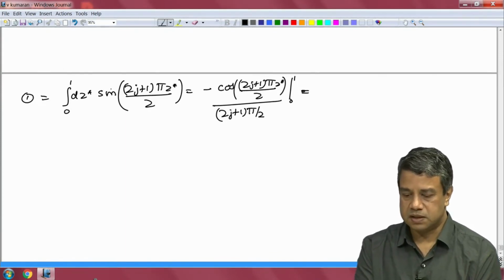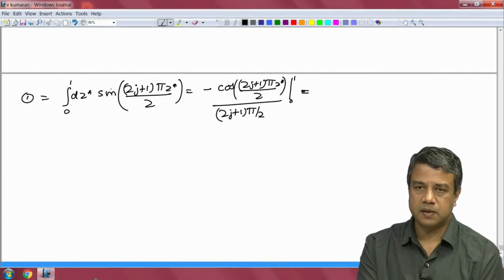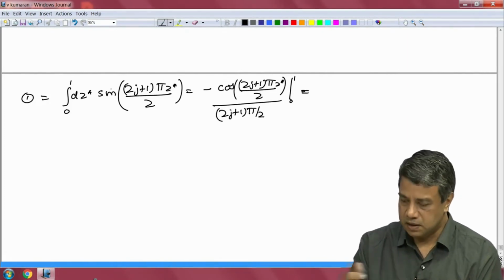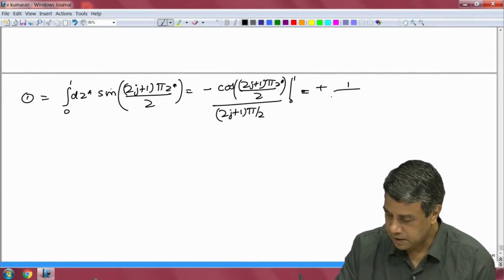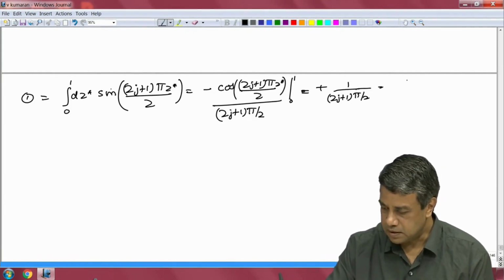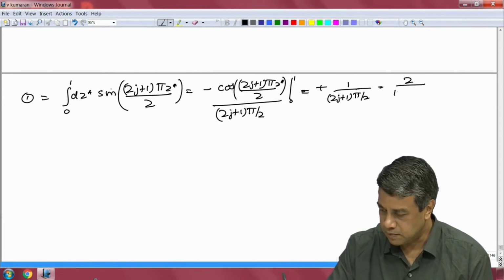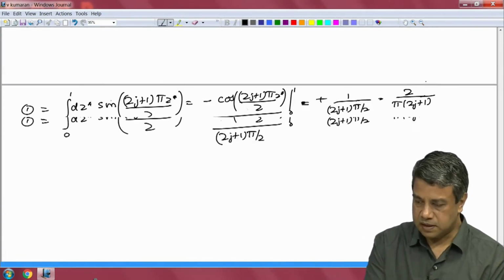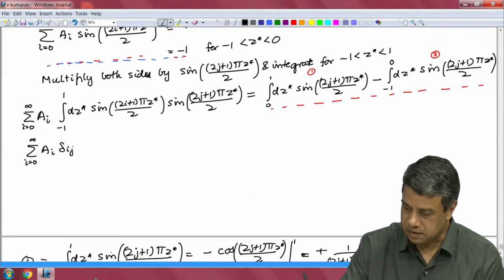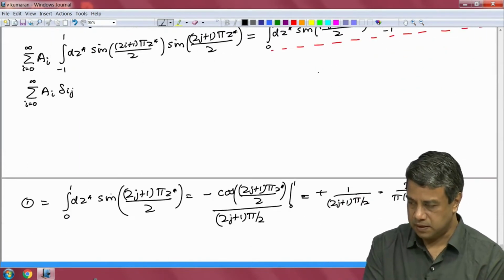Since the integral is the upper limit minus the lower limit, this just becomes equal to plus 1 by (2j plus 1) pi by 2. Okay. It's equal to 2 by pi into (2j plus 1). Okay. That was the first integral that we had, on the right side.